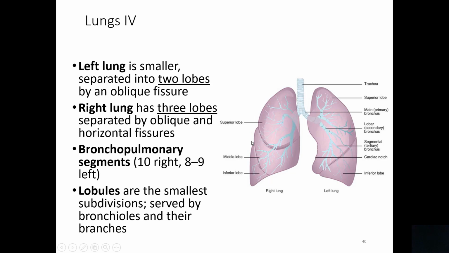Inferior and middle lobes are separated by right oblique fissure, and middle lobe is separated from superior lobe by horizontal fissure. Lobes are divided into smaller segments, and segments are divided into smallest subdivisions called lobules.